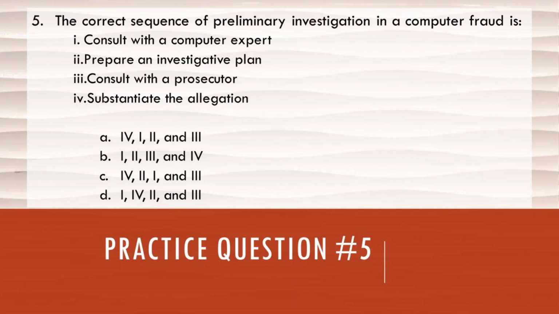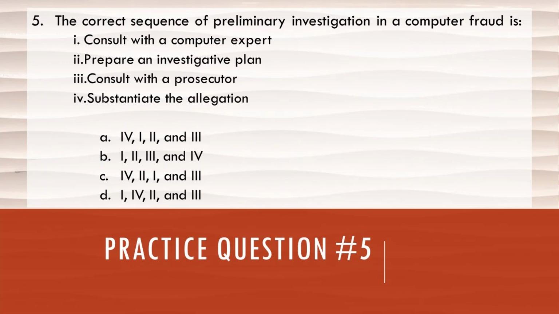That makes sense because once we have substantiated the evidence and the allegation, the last step should be actually going to the prosecutor and saying, hey, we have all the evidence here. What are the charges that you think that we should be pursuing? Now, let's look at the middle 2 choices, 1 and 2.